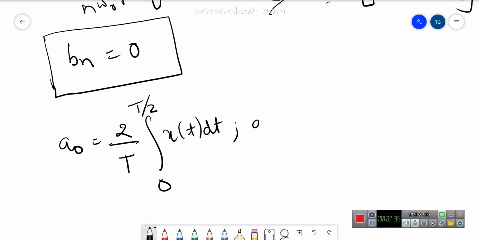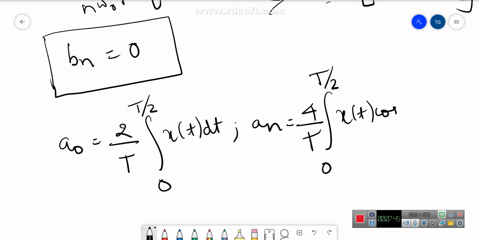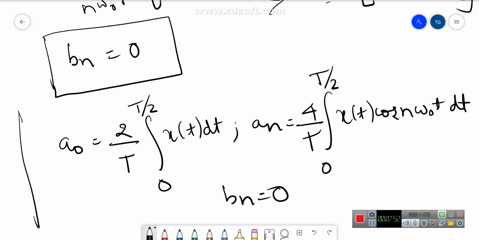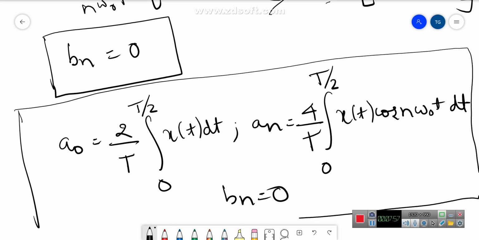We have an as 4 by T integral 0 to T by 2 of x of t into cos n omega naught t dt, and bn equals 0. So if our function is an even function, then we can directly substitute these values of a0, an, bn, evaluate them, and find the Fourier series of that function.